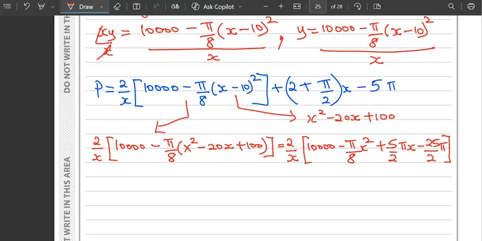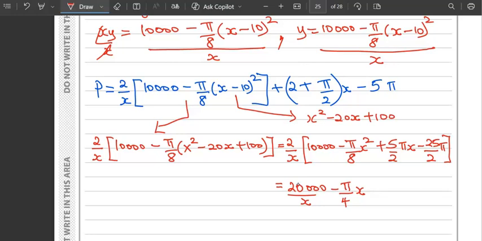Now we can still simplify this. When you open this bracket, it will be 2 over x times 10,000, which is 20,000 over x, then 2 over x times negative pi over 8x squared, so this one will be minus pi x over 4, then 2 over x times 5 over 2 pi x.